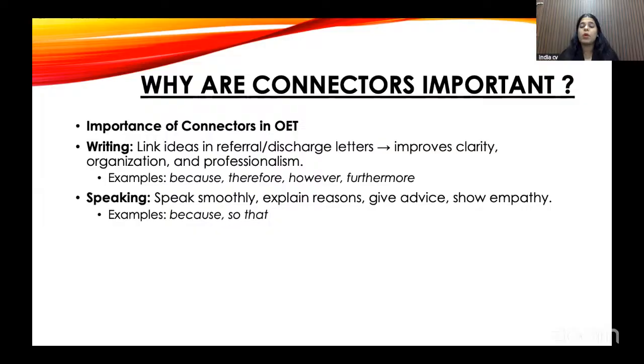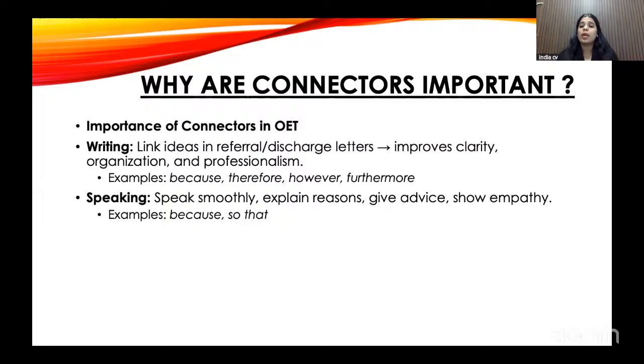Apart from that, we also have speaking. Now, in speaking, if you're using connectors, it will convey to the examiner that you're able to speak smoothly, you're able to explain reasons, you're able to give advice about something, you're able to show empathy. So you're able to construct sentences with because, so that.